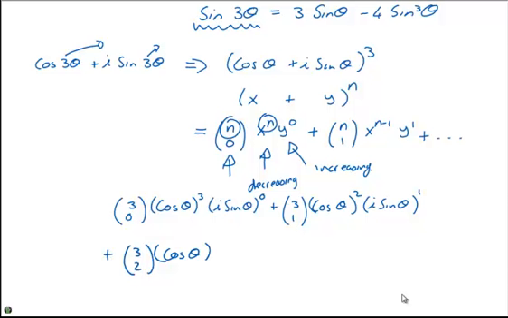Well, it went from 3 to 2, now it'll be 1. I sine theta, it went from 0 to 1, now it'll be 2, plus 3 choose 3, cos theta to the power of 0, I sine theta cubed. That might seem a little bit awkward, but you try cubing that out for yourself and see how well it goes for you.